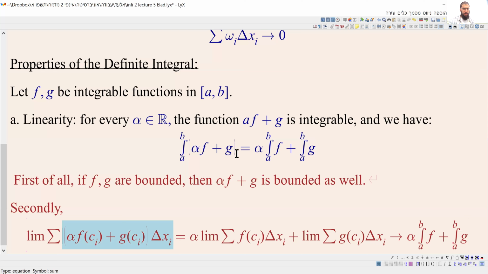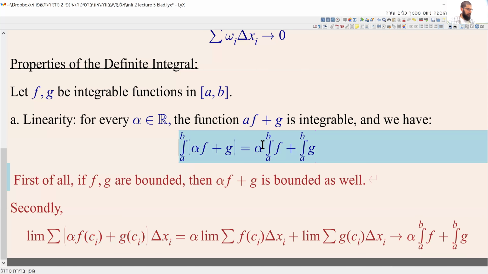And this is the integral of alpha f plus g, the limit of all the Riemann sums. I mean, one needs to write it more precisely, with all the length and the fancy words, for it to be a nice proof, but that's the explanation.